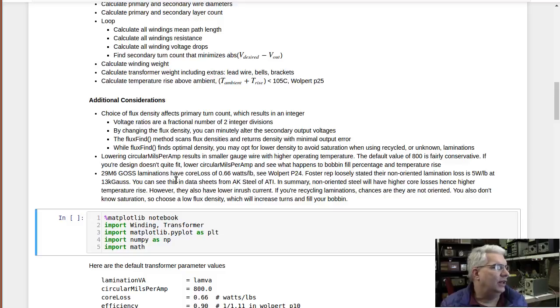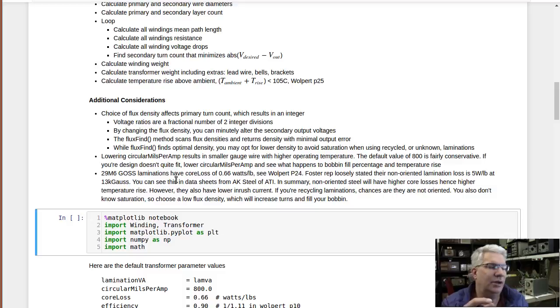Okay, there's one last thing, which is that the majority of transformers, these documents in here talk about this thing called circular mils per amp, which is the wire diameter recommendation per amp. And they do this for temperature rise.